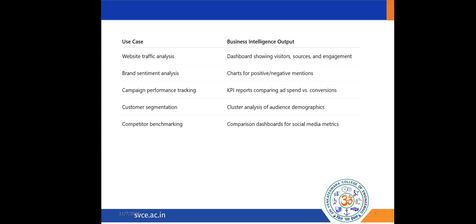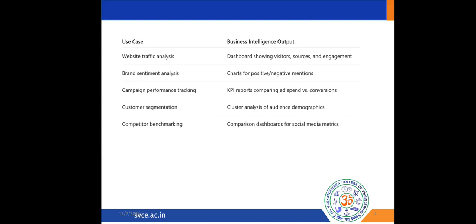Next is the identification of gaps and best practices. By comparing key performance indicators, you can identify performance gaps, validate assumptions, and discover industry best practices that can be implemented for improvement.